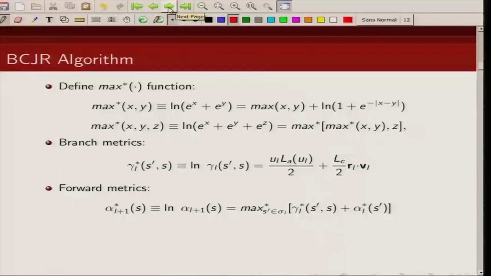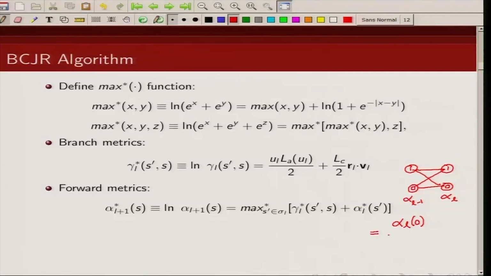Now, if you recall what alphas were, let us just draw a simple trellis diagram, a two state trellis. This is alpha at time, let's say, L minus 1, and this is alpha at time L. Let's call this state 0 and this state 1. Let's say I want to compute alpha at time L for state 0. What is it equal to?